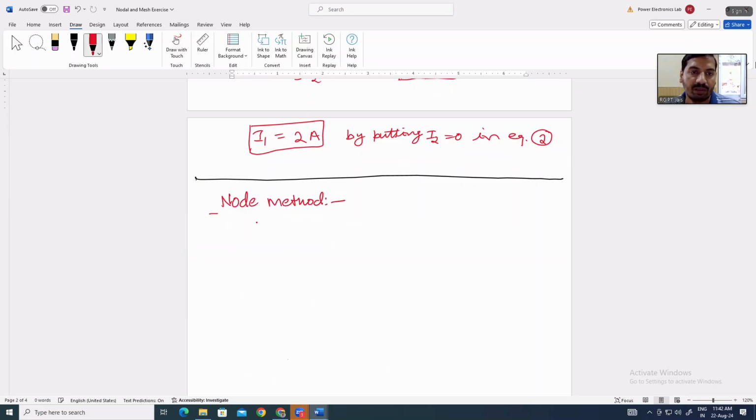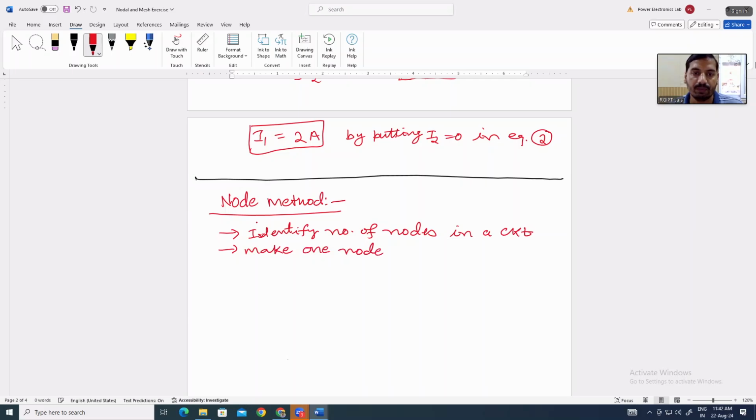So in node method, what we have to do, we have to identify number of nodes in a circuit, then make one node as a principal node or reference node.